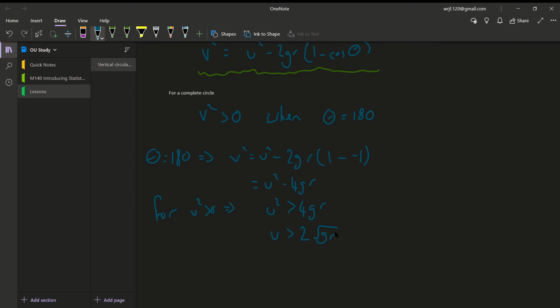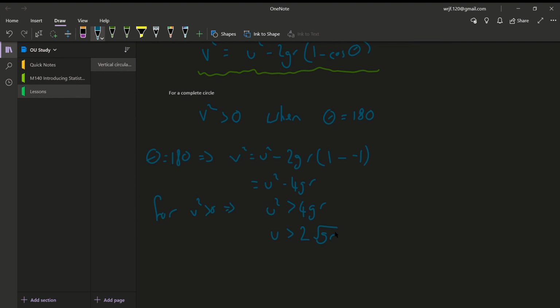So as long as we've got sufficient u at the bottom of the circle, and sufficient being such that u squared is greater than 4gr, then the object is going to perform complete circles. Notice that that's regardless of mass or anything like that, totally independent of mass.